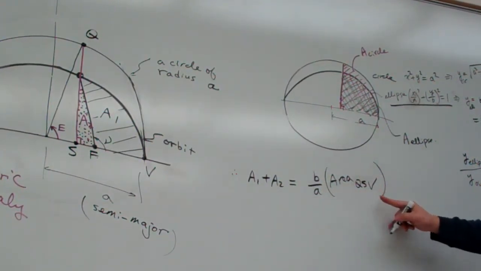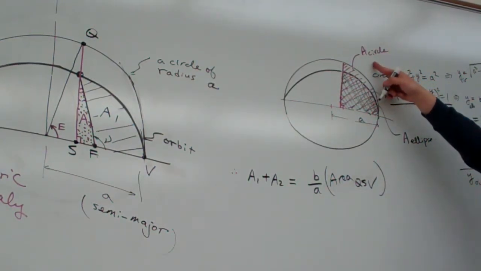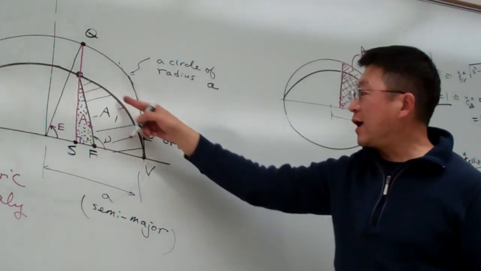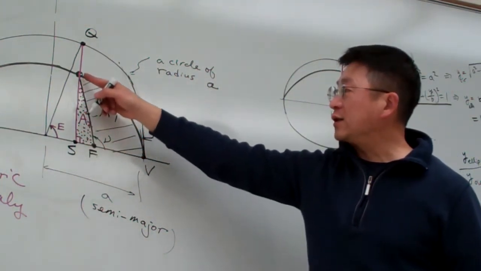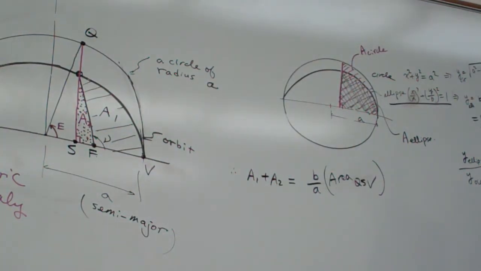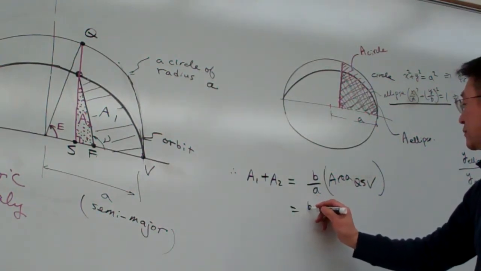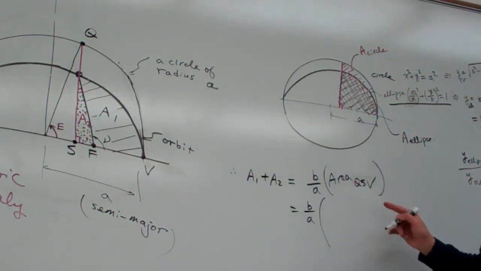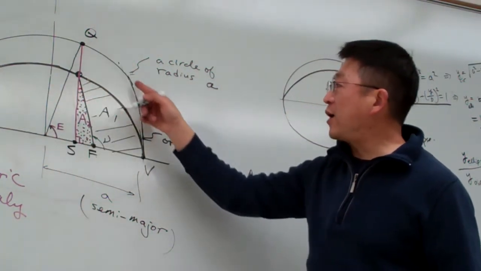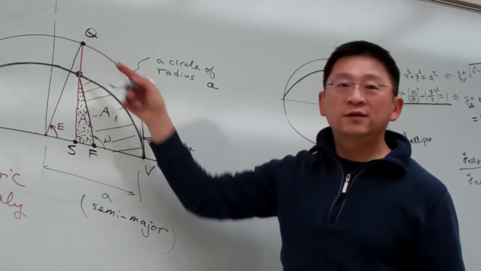The area QSV simply is the formulation on the circle here. Okay, right now we're going to calculate the corresponding portions on the ellipse. That is A1 plus A2. So we have this relation. And what are these portions? Area QSV basically is this piece of the pie minus this triangle.